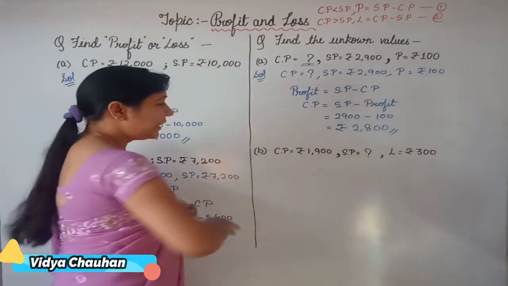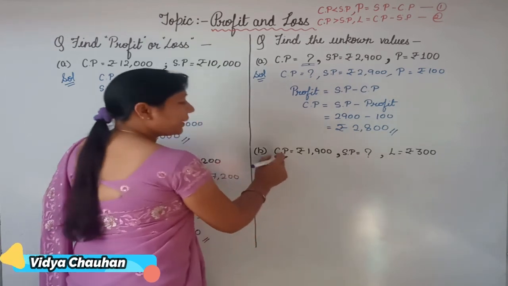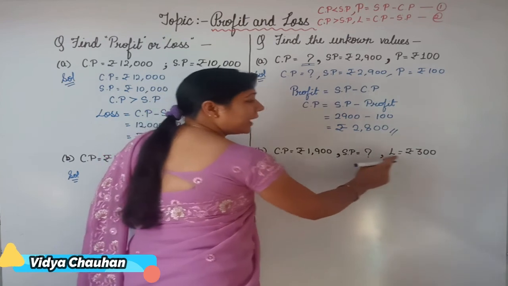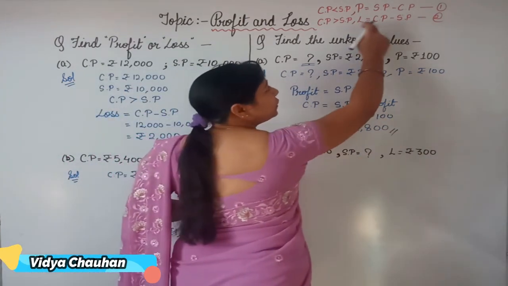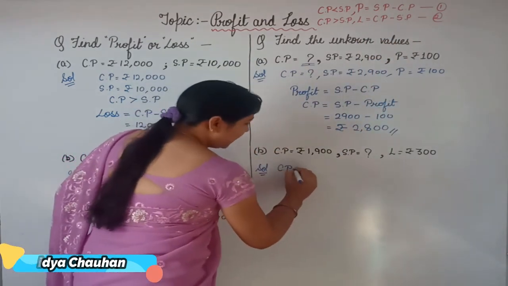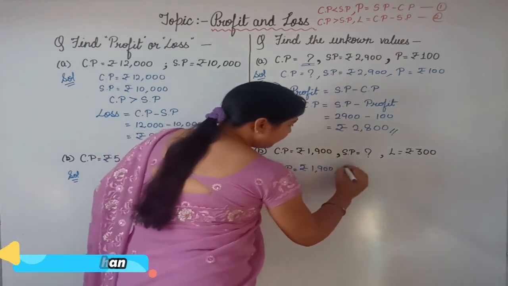Clear, students? Let's check out the solution for the next part. Now in the next part, CP is given to us. We have to find SP, and loss is given to you. Since loss is given, we will be using the formula of loss. So very first, CP in this question is rupees 1,900.